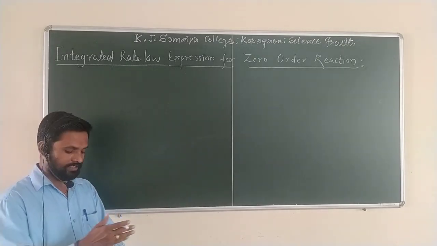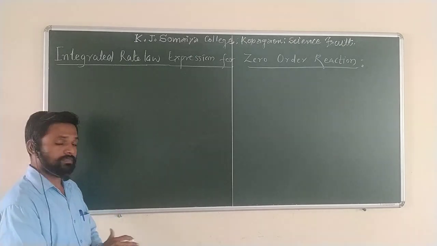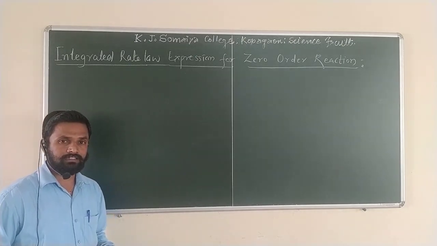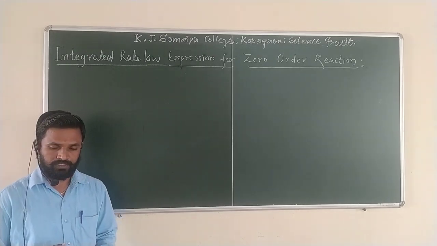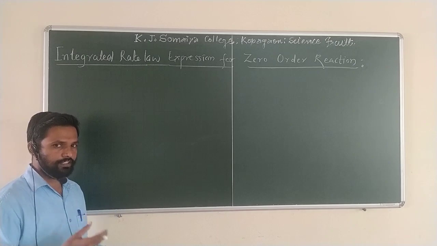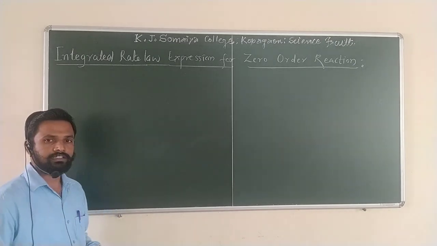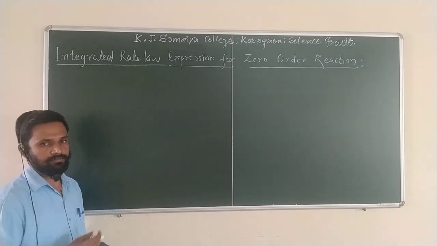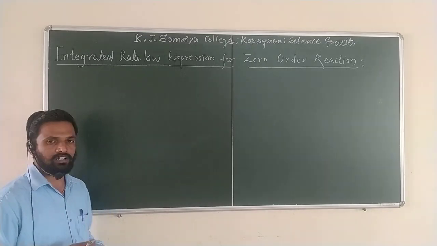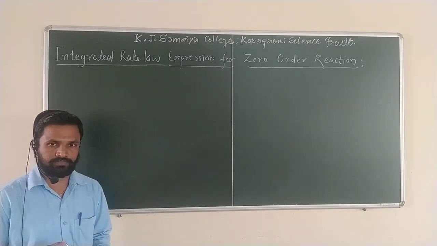Initially, we studied the concept of rate of a chemical reaction. After that, we studied the factors affecting the rate of a chemical reaction. Then the order of a reaction, and how to write the rate law and the rate equation. From that rate law and rate equation, we can find the order of reaction.